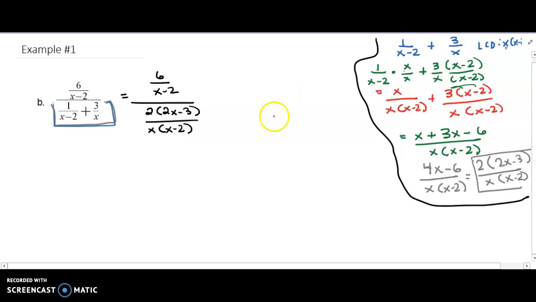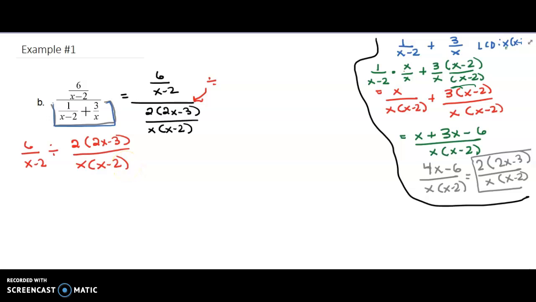Now remember, when I have a fraction, this is the same thing as divided by. So I can rewrite this as 6 over x minus 2 divided by 2 times (2x minus 3) over x minus 2. And we should know by now that when we divide by a fraction, it's the same thing as multiplying by the reciprocal.